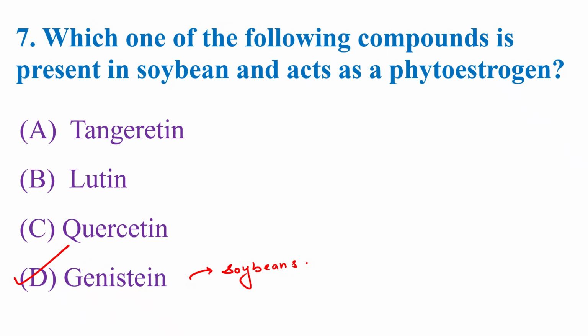And it belongs to the isoflavone classes, which basically mimics the estrogen by binding to its receptor. Whereas tangeritin, it is basically found in the citrus flavonoids.